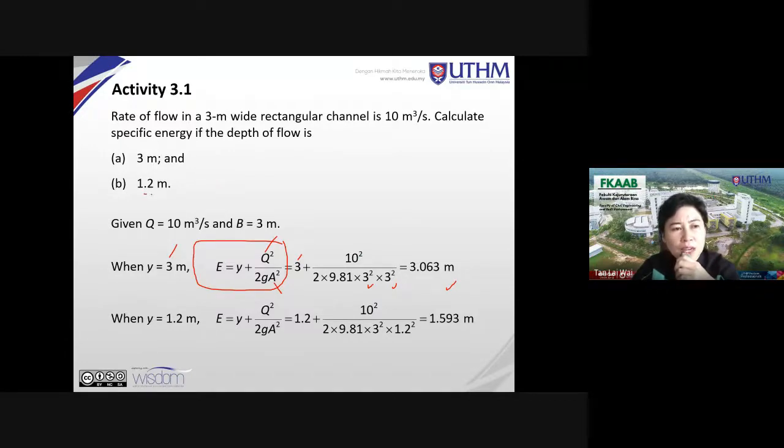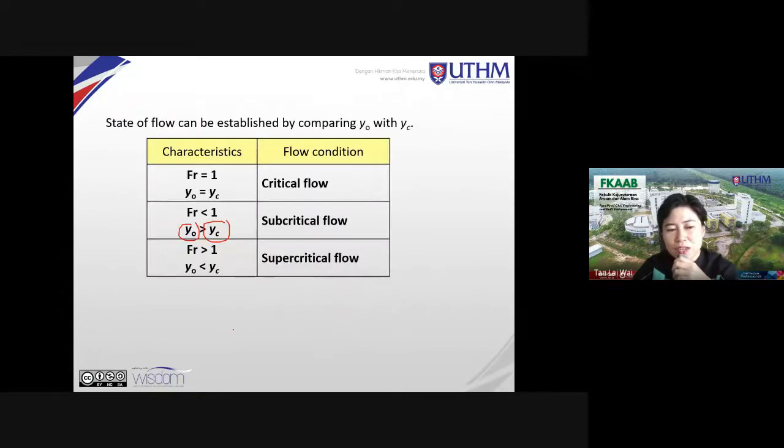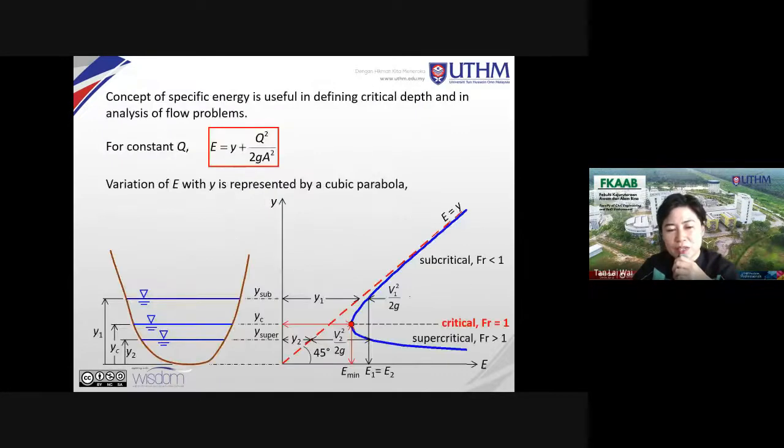Now, when the depth of flow is 1.2 meter, you are going to have a specific energy of 1.593. Pay attention to this. Varying depth of flow doesn't necessarily mean that if depth of flow reduces, the specific energy will reduce. No, if you look at this parabolic curve here, not necessarily.